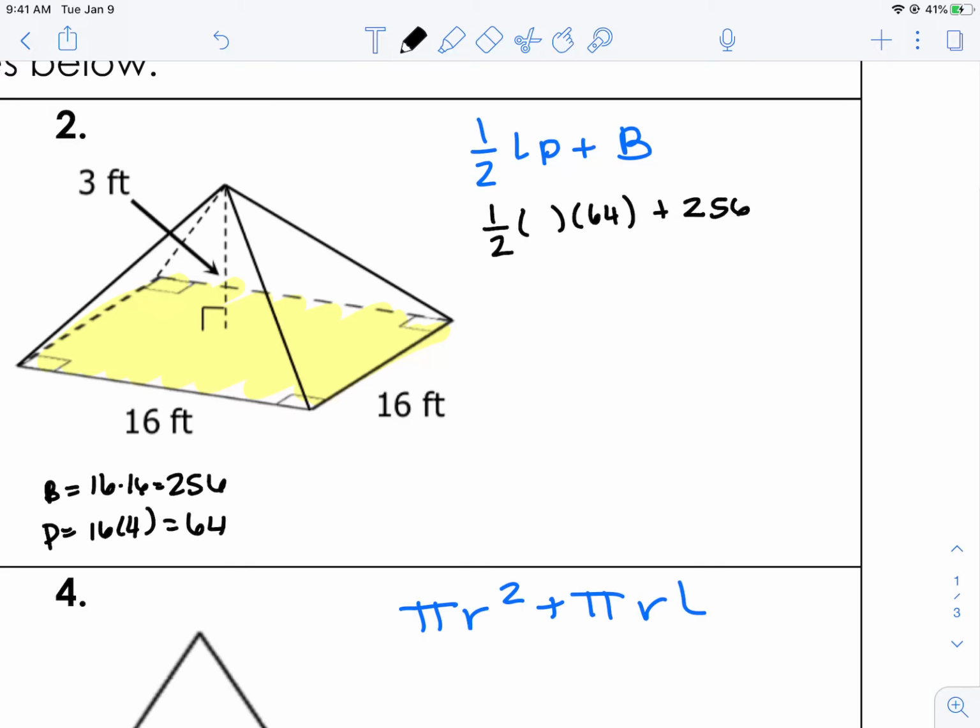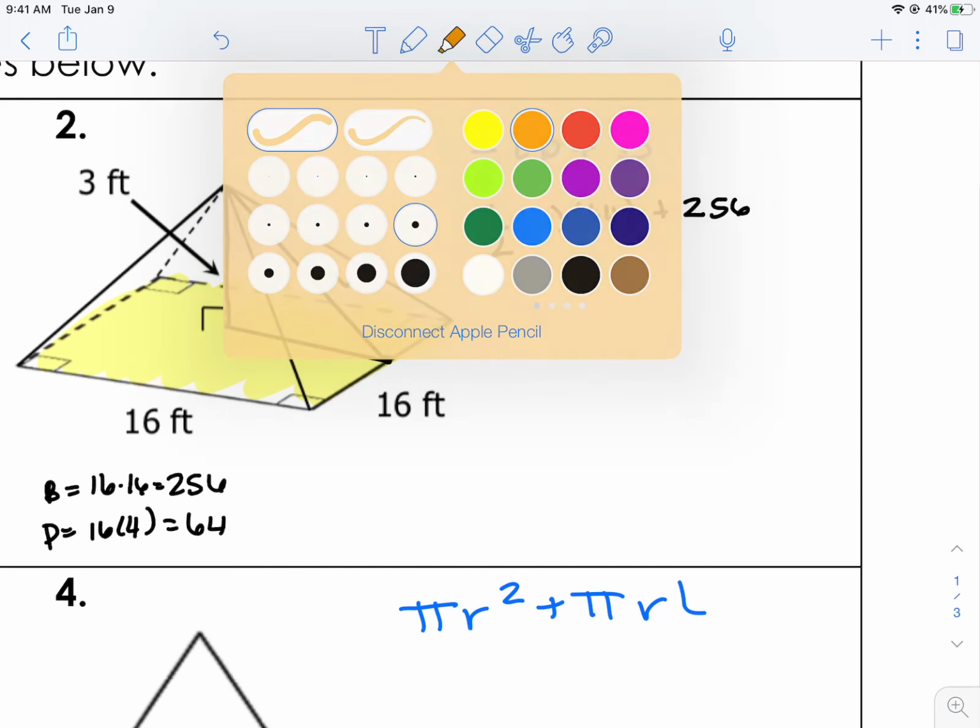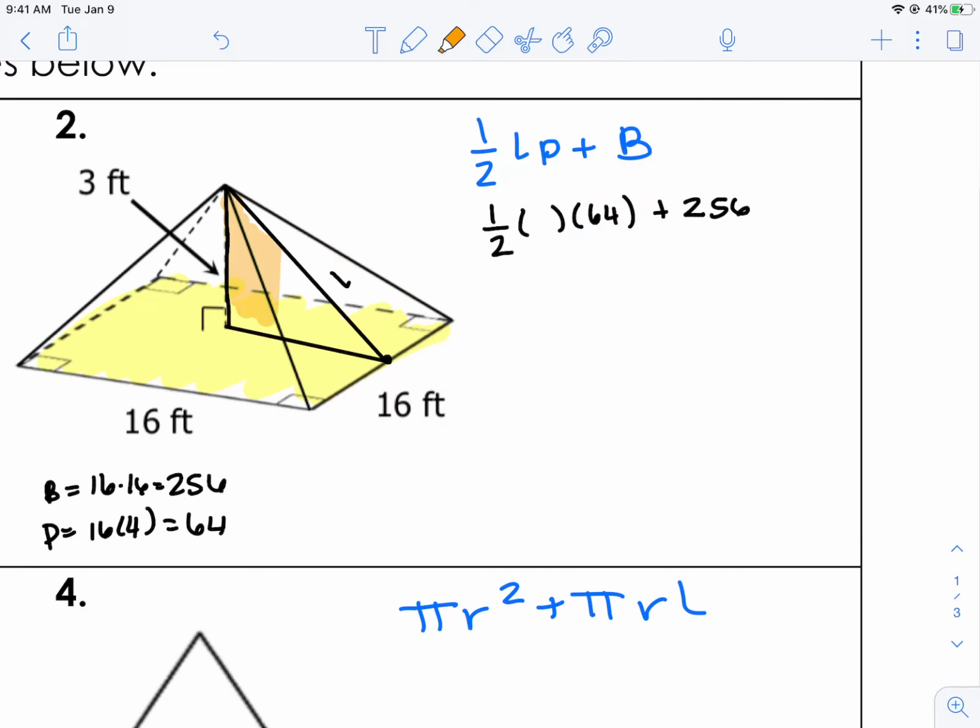Okay, so I'm going to actually draw my slant height in. You call it L. And if you notice now, I have a right triangle. So I have to use Pythagorean theorem. So this is 3, this is half, so that's going to be 8. So I'm going to use Pythagorean theorem to find that missing slant height.